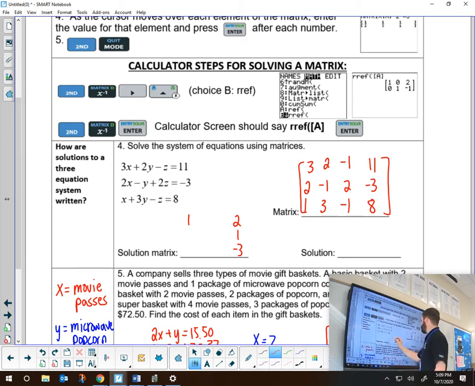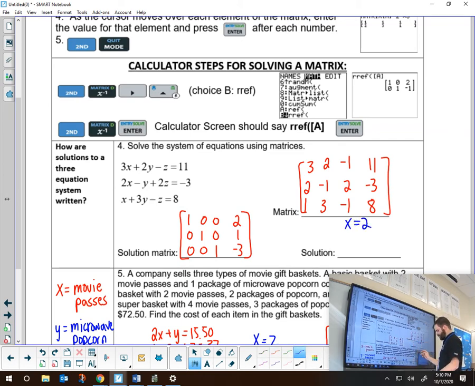So it was 1, 0, 0, 2, 0, 1, 0, 1, 0, 0, 1, negative 3. So what does that mean? It means that x equals 2, okay, y equals 1, and z equals negative 3.